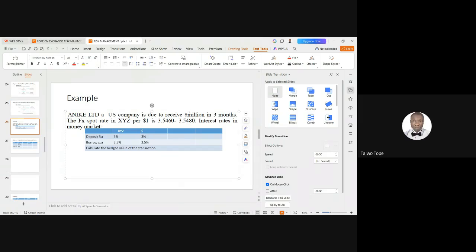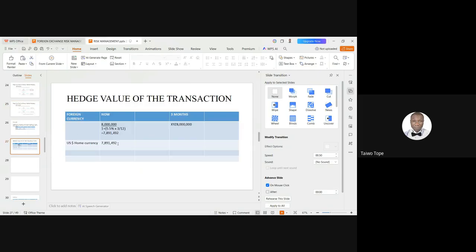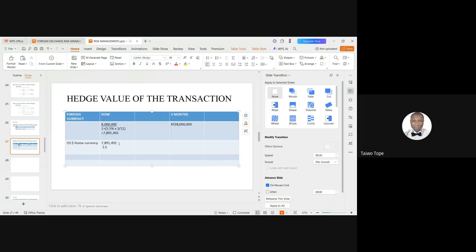The higher value, the value on the right. See it here. Spot rate at the right, the higher value. So when you convert your foreign currency to your home currency at the spot rate using the higher value, what will be the value in your home currency?